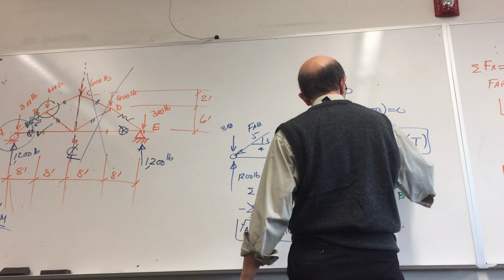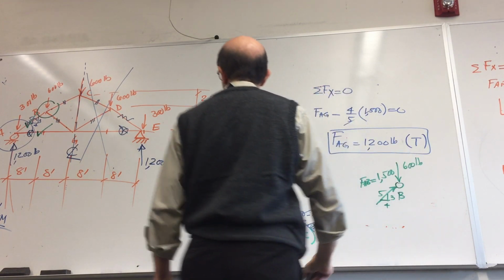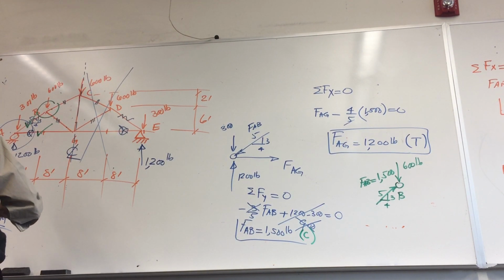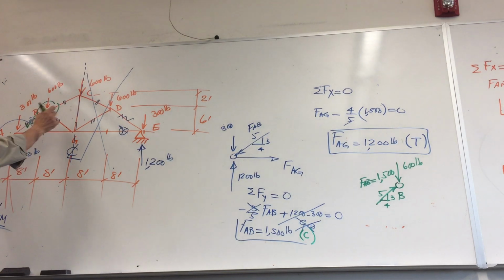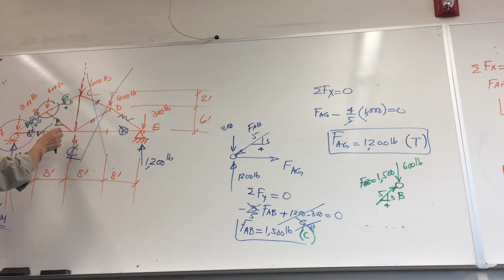You have an applied load of 600 pounds. Then you have this one. Let's look at the slope of this guy. This is 2, this is 8. So this is 1, this is 4, so this is square root 17. And this one is 8 and 6, so it would be 4, 3, 5.